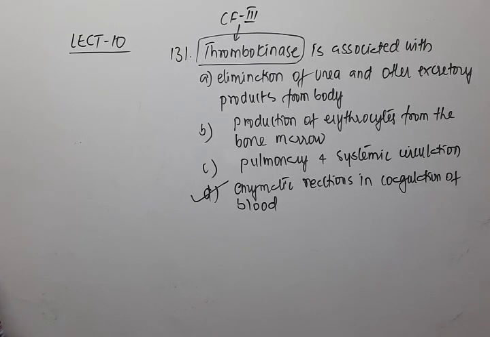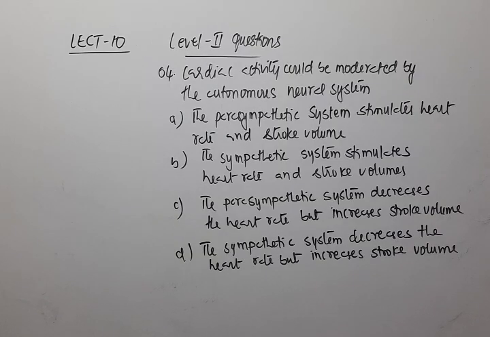With these questions, I'll stop for level 1, and now we will see questions from level 2. Next question is from level 2. Cardiac activity could be moderated by the autonomic or autonomous neural system.